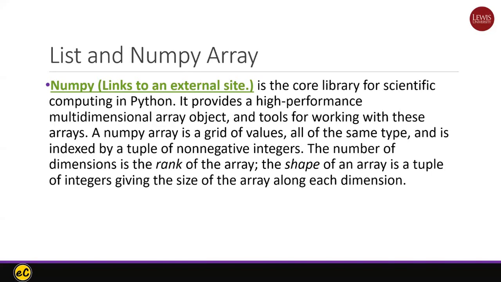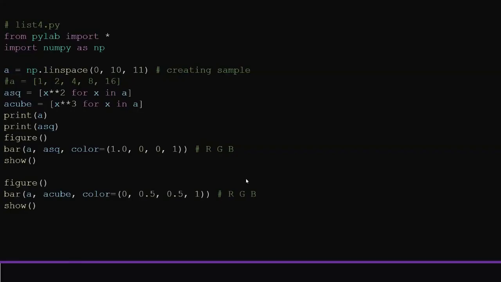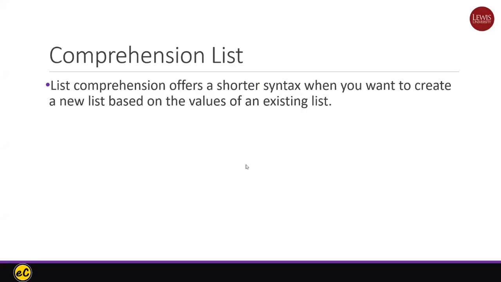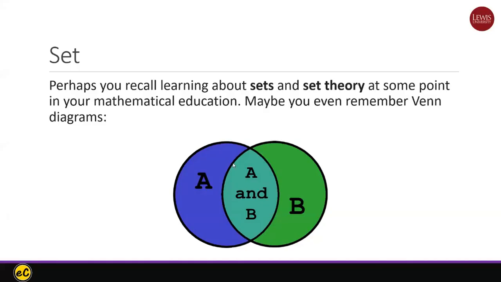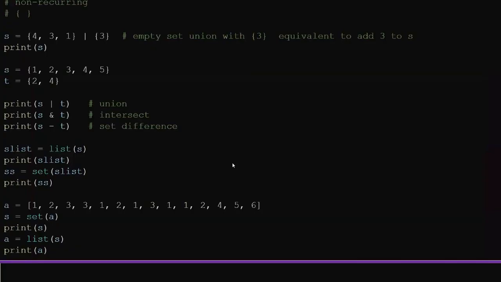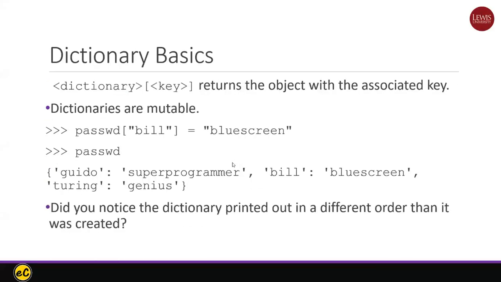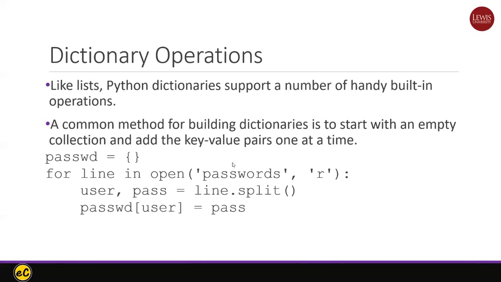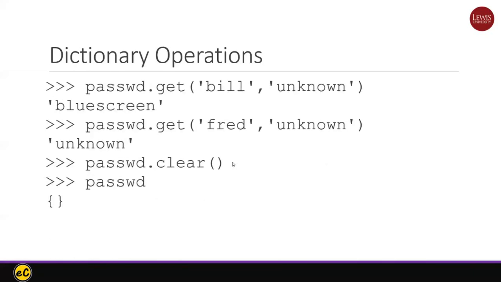Okay, so these two concepts are different. You have to differentiate them. Okay, so we'll talk about several of the lists and then sets. And then dictionary. A dictionary is also called a map in some other languages.